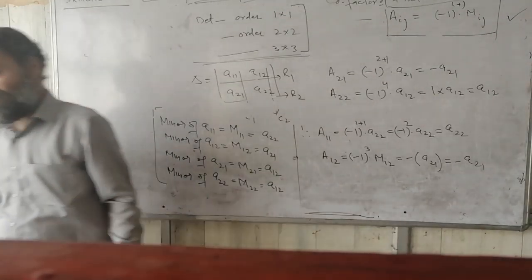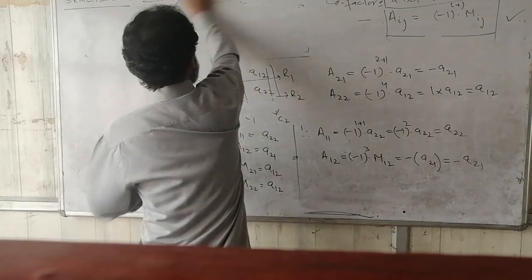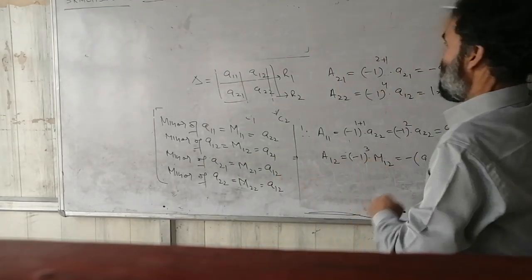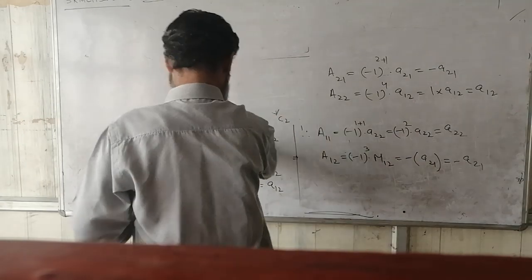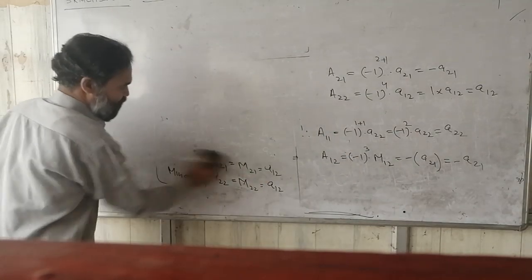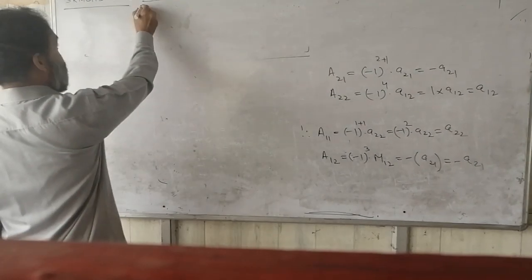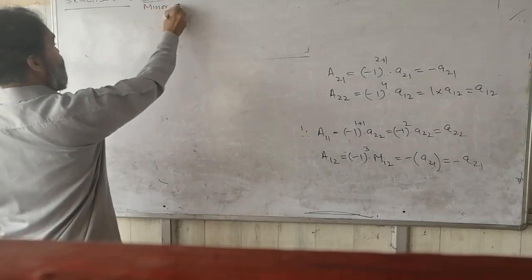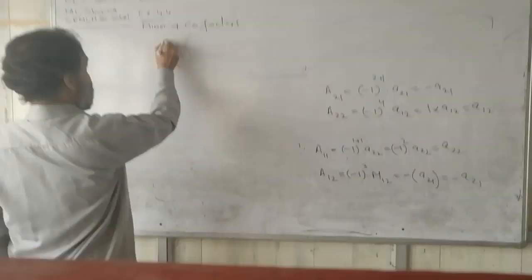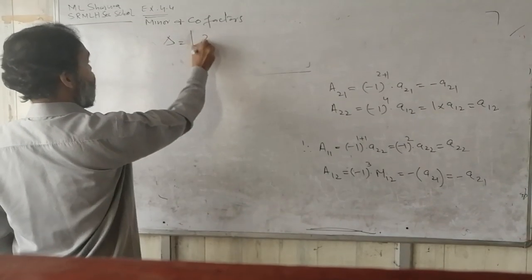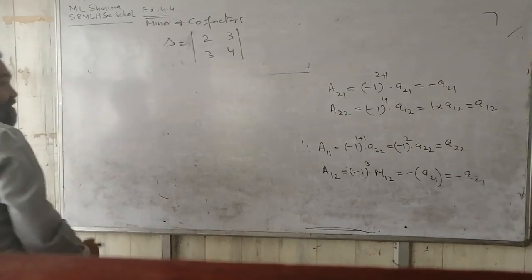So I can take another example. Suppose I have a determinant of order 2 and I have to find its minors and cofactors. Say this is a 2 by 2 matrix, a very simple one.